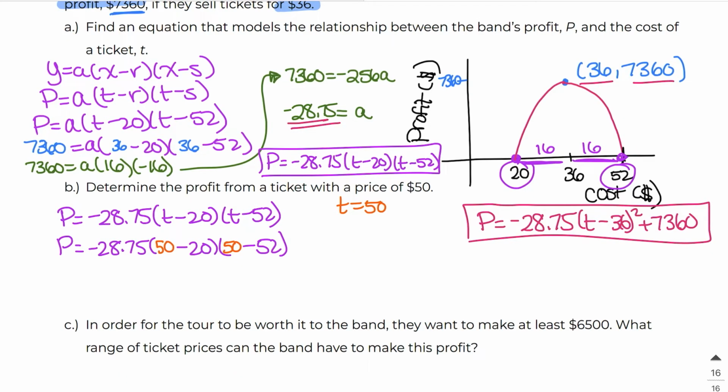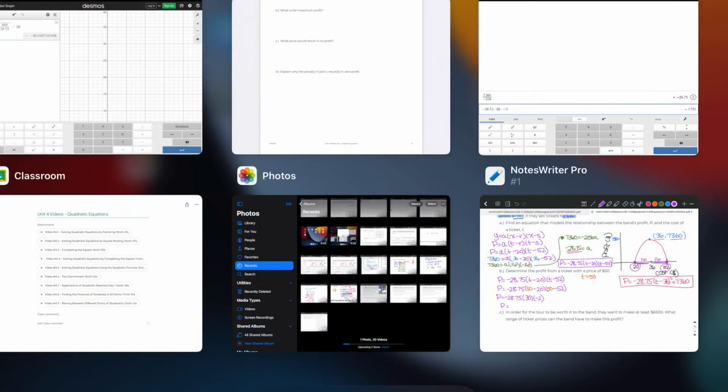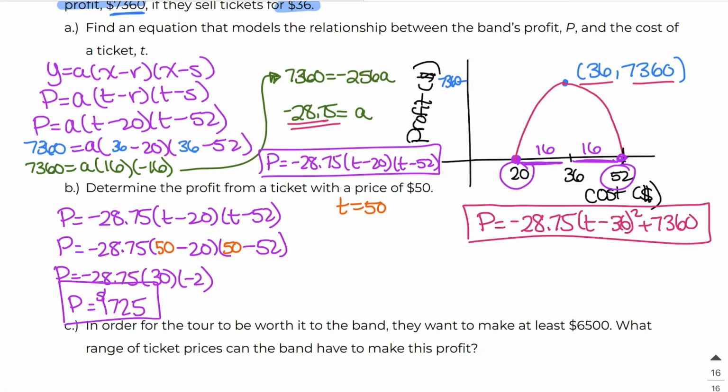So here I end up getting P equals negative 28.75 times 50 minus 20 is 30, and then 50 minus 52 is negative 2. And then I'm just going to type that all into my calculator. So negative 28.75 times 30 times negative 2 gives me 1,725. And if you were to use the vertex form, it would give you the exact same answer.